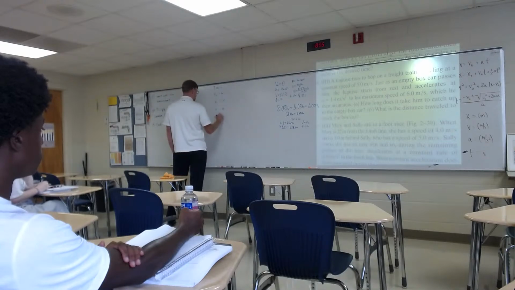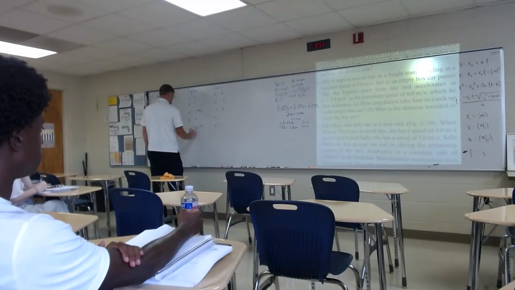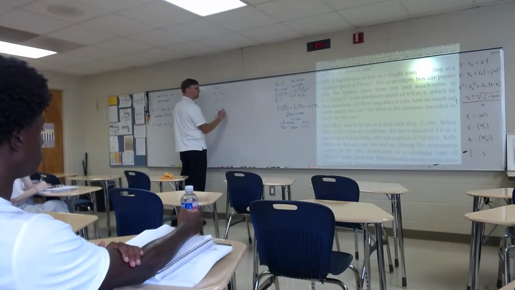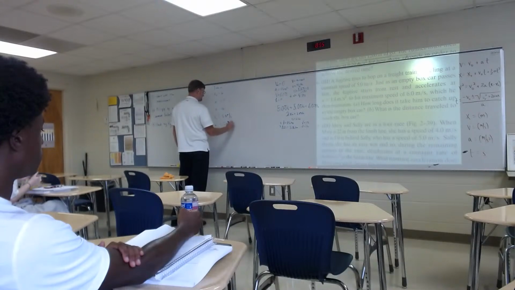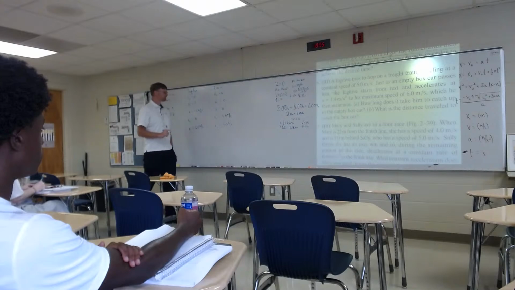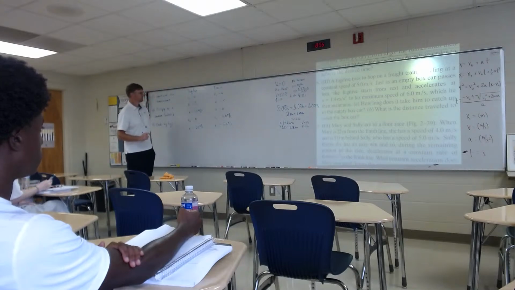The train has an initial velocity and final velocity that are the same, 5. With 0 acceleration, the numbers have to be the same.